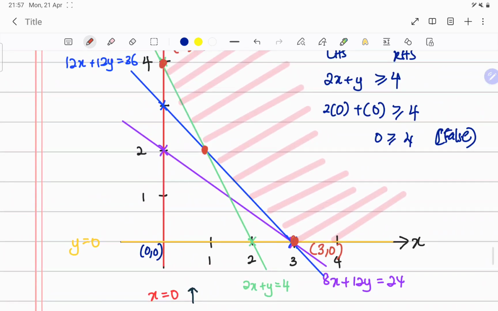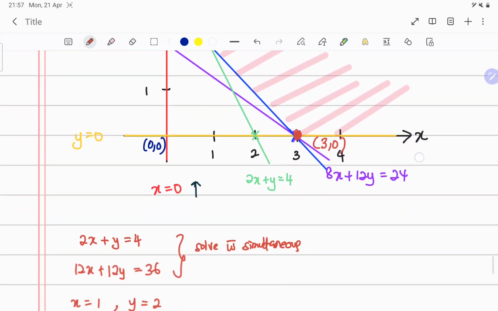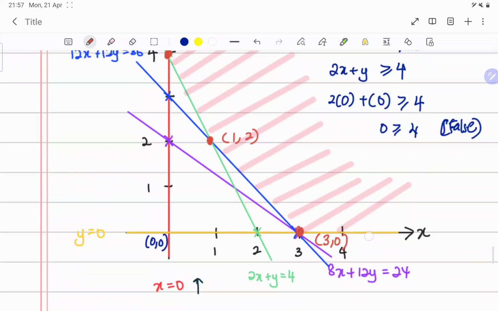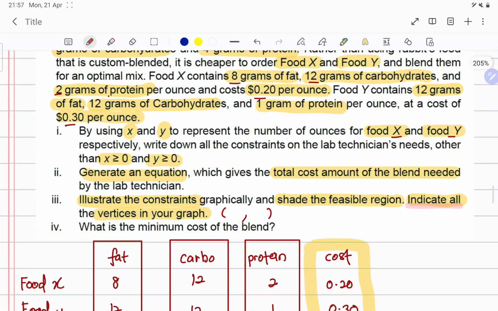So apparently your coordinate here should be 1, 2. So now you have 3 coordinates: 0, 4; 1, 2; 3, 0. Okay, so these are the vertices that you need to indicate based on question 3 just now.